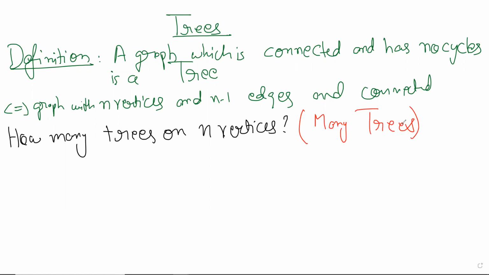Algorithmically, we had seen that any maximal graph with no cycles, meaning that you just try to add edges at each step so that you don't get cycles, that will give you a tree. And you can do it in so many ways. It was already clear, right? So we know that there will be many, many trees.